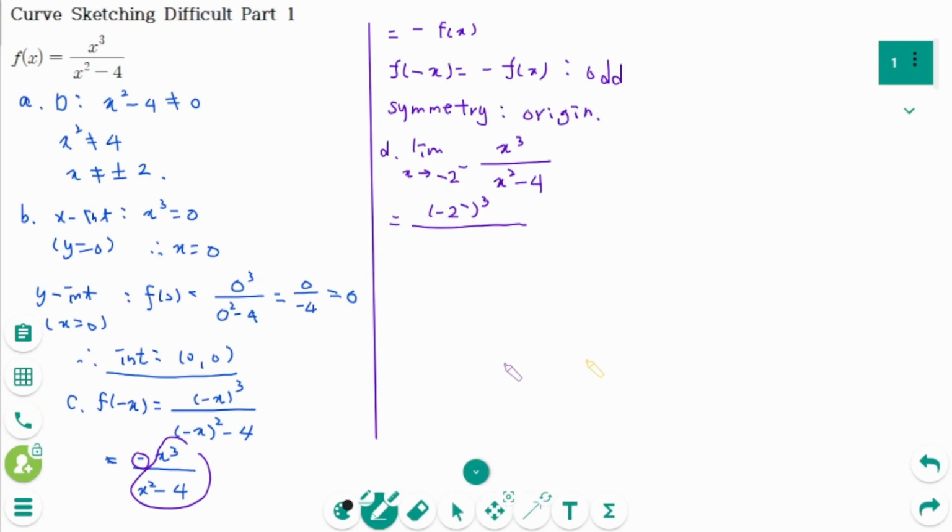The important part is that a number over 0 makes infinity. We have to find positive infinity or negative infinity. There is a number line, 0 and minus 2. Minus 2 from the left side is here, just a little bit less than minus 2. Then minus 2 from the left side squared is greater than 4.